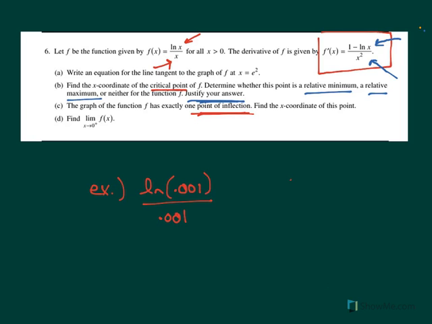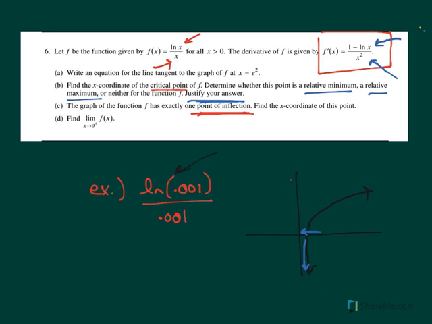So if you think of a graph of a natural log, so just looking at this numerator, what's going to happen to this logarithm? So as I get closer to 0, what's going to be happening to the outputs on that natural log statement? They're going to be getting more negative. They're going to become bigger and bigger negative numbers.